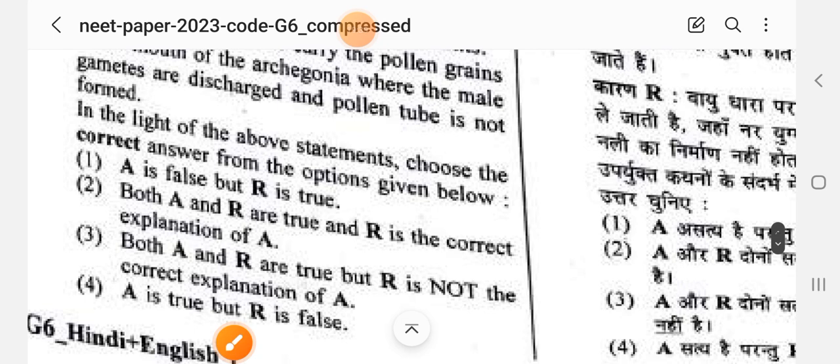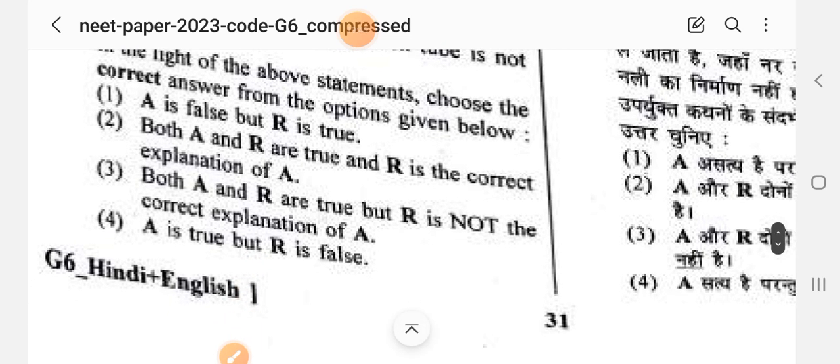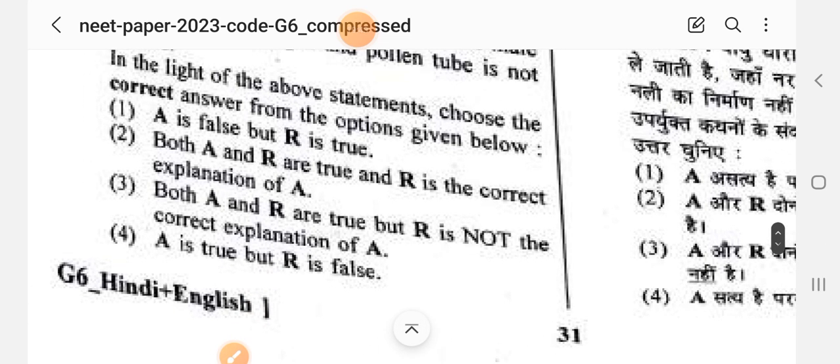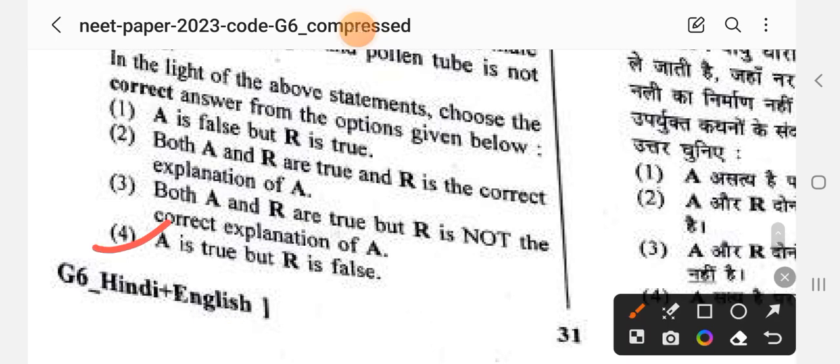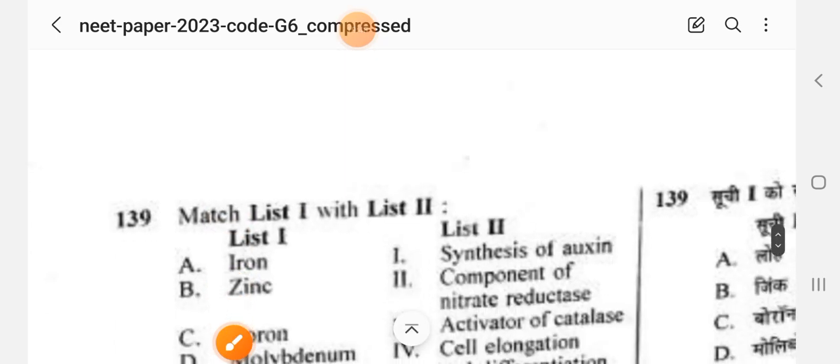A is true but R is false. So coming to the next.